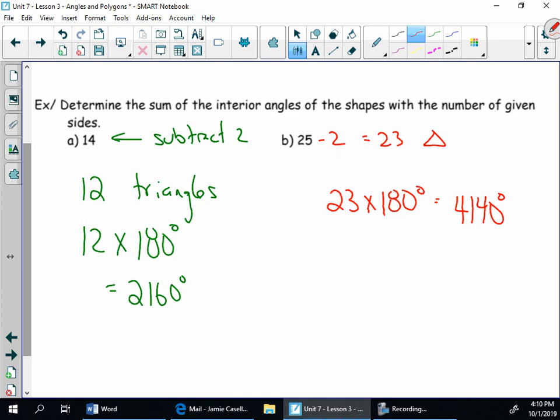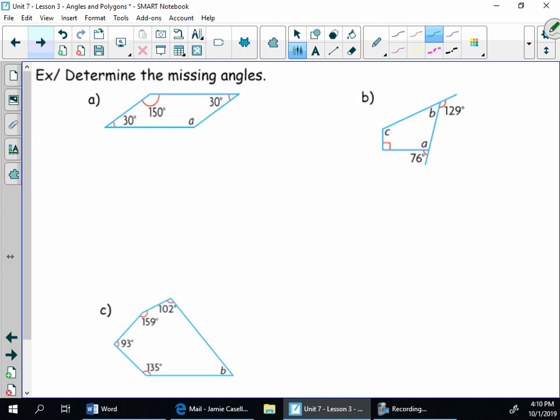Why do I like this idea? Well, the reason I like this idea is I can figure out missing angles in multi-sided shapes. Knowing how many sides the shape has allows me to figure out how many angles the shape has. So, let's give one of these a try. I've got a 4-sided shape. If I take my 4 sides and subtract 2, I get 2 triangles.